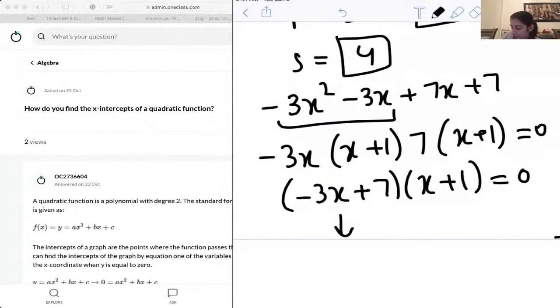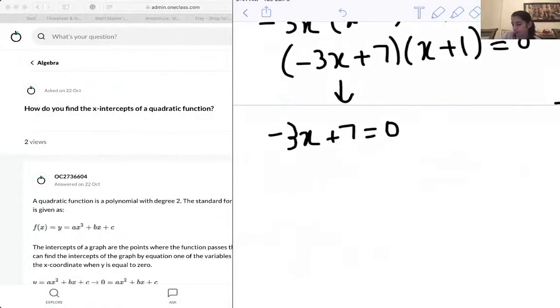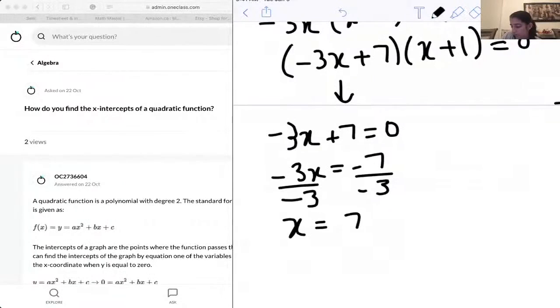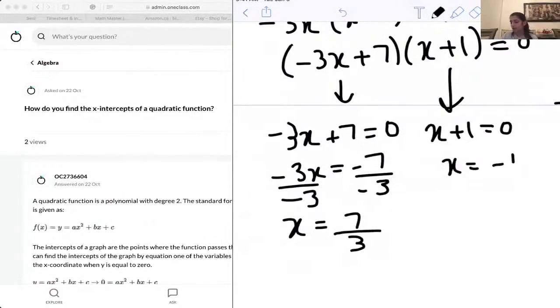So negative 3x plus 7 equals 0. You can isolate for x. Negative 3x equals negative 7. Divide each side by negative 3. X equals 7 over 3. That's our first x-intercept. And x plus 1 equals 0, so that's negative 1. So those are our two x-coordinates for that function.